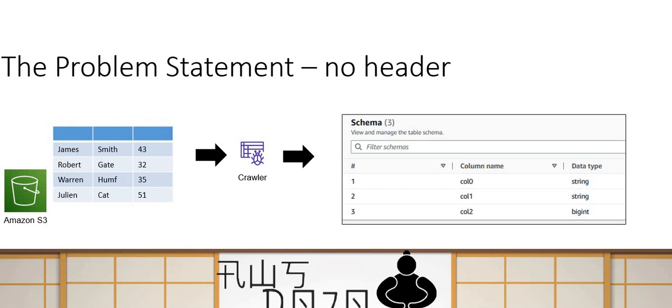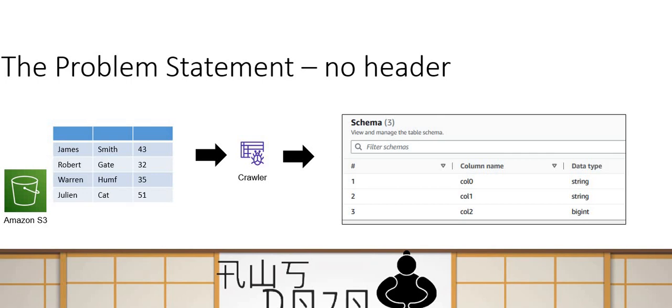So these are the two scenarios where you will realize that when I'm trying to catalog a CSV file, I'm not able to generate the proper column name, which you might want to avoid. In the first case, you want your crawler to identify that the first row is actually a header, it's not data.